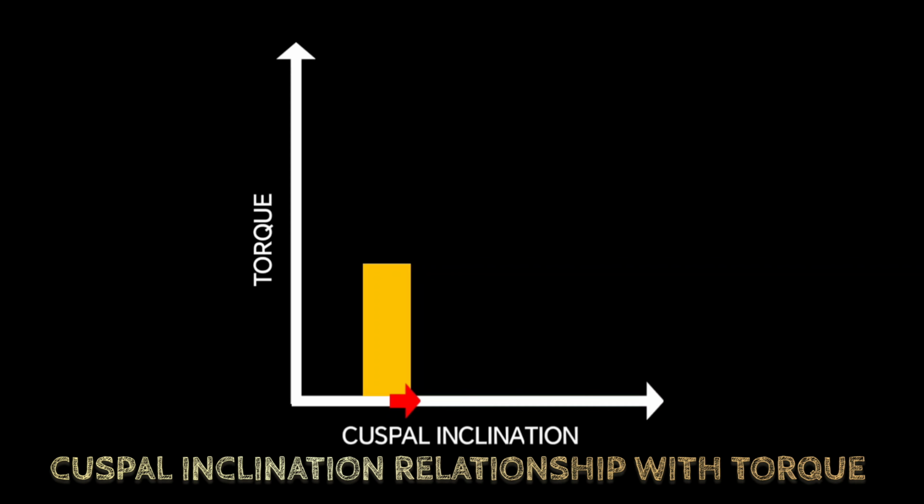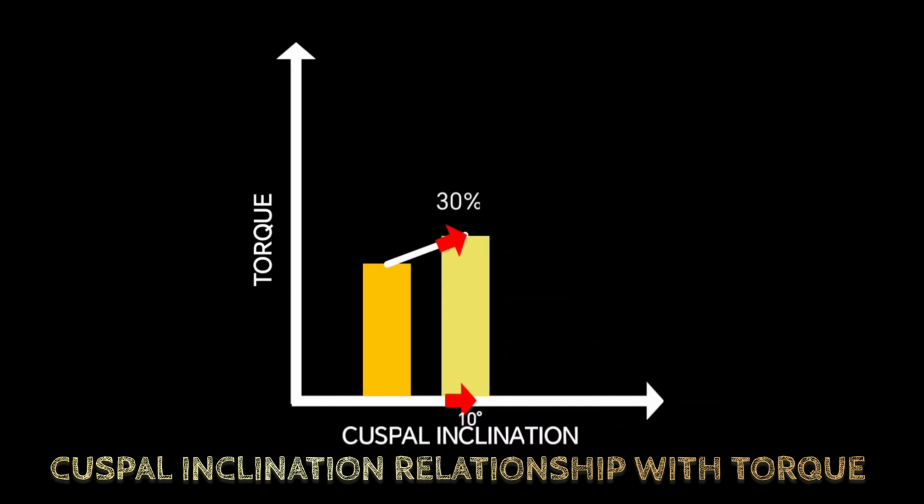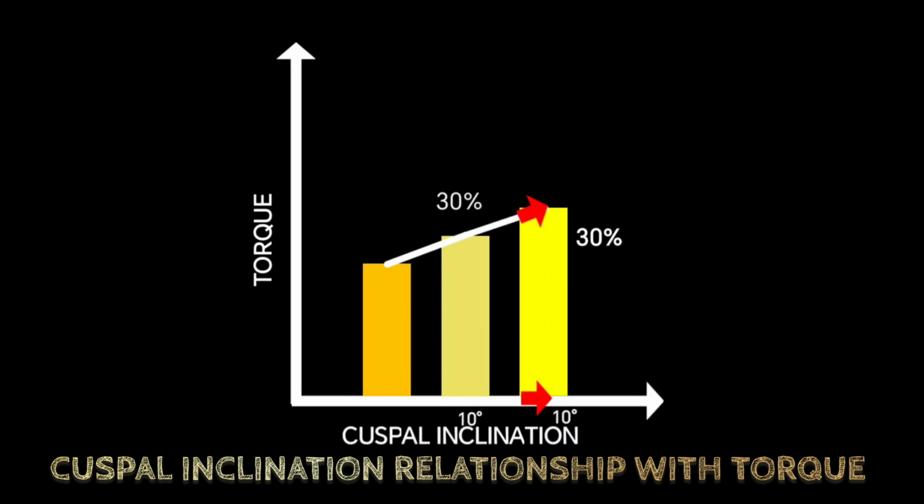The moment we increase the cuspal inclination by 10 degrees, the torque acting upon the implant prosthesis is increased by 30%. The process repeats itself if we keep altering cuspal inclination. This is the rule of thumb to remember: a 10-degree cuspal inclination means 30% more load.